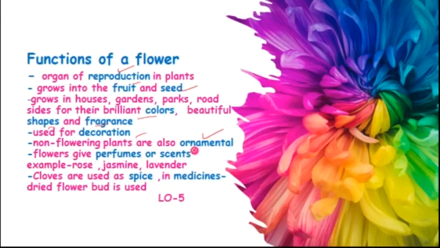Many flowers help in making perfumes or scent, like rose, jasmine, and lavender. Clove, as I have shown you in the picture, is a dried flower used as a spice, and also used in making medicine. Flowers are also used in research studies. So these are all the functions of the flower.